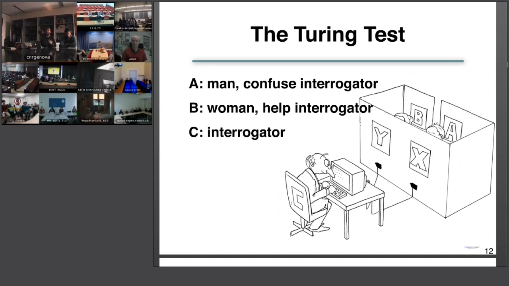If it is able to fool me, the question is, how many times? Who? Me and Francesco, me, Nathan and Francesco, everybody, a 3-year-old. So it is something which needs to be refined, but this is the idea. I don't know how intelligence works, so I come up with an empirical criterion to define intelligence.